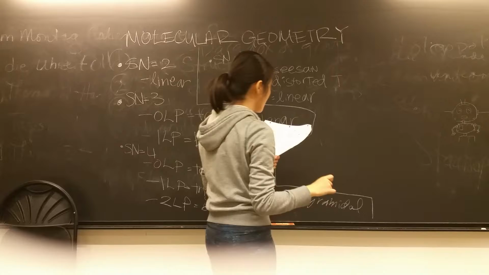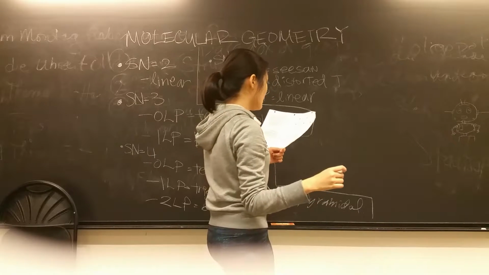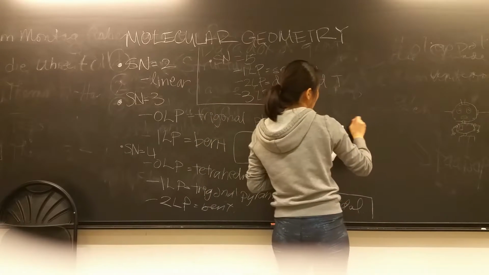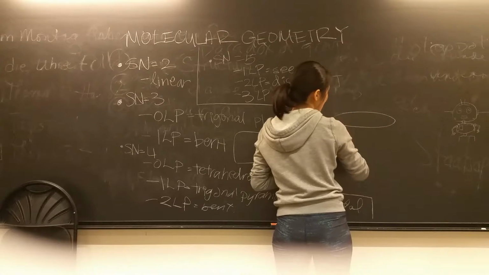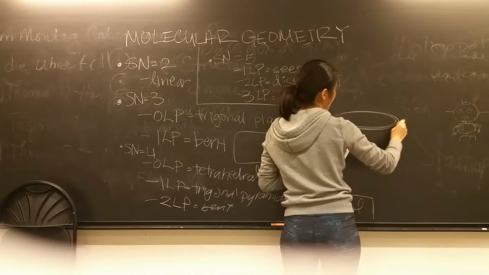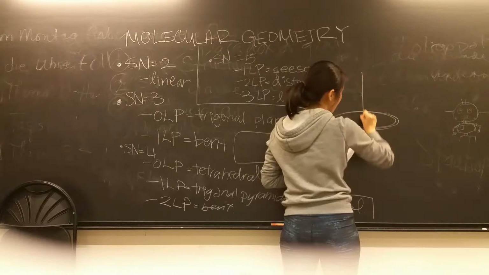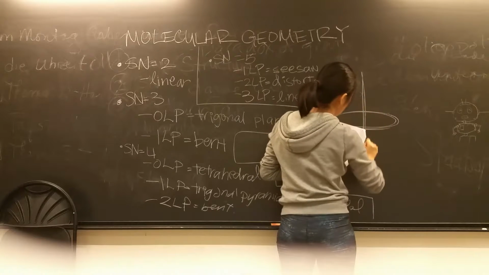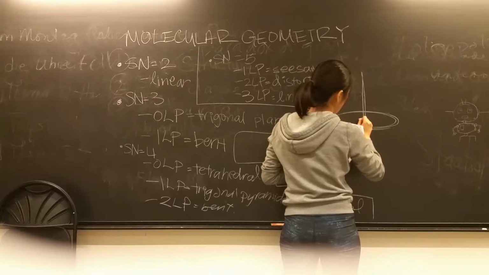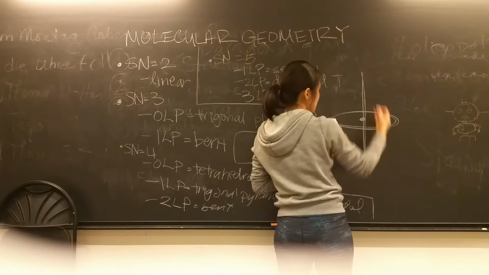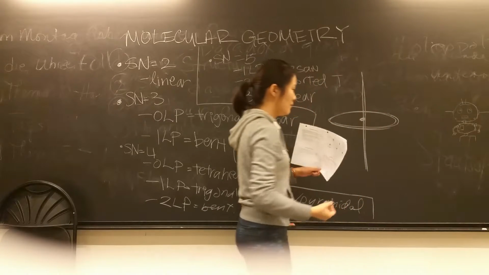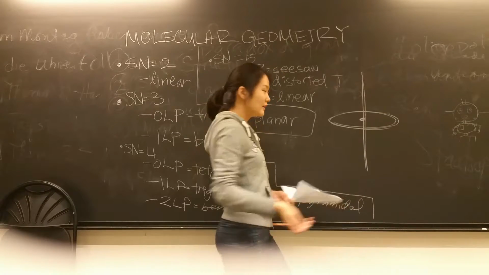So as we saw before, I'm just gonna draw this out again. So we have our equatorial plane, and then we have the central atom, axis, an atom on each side.